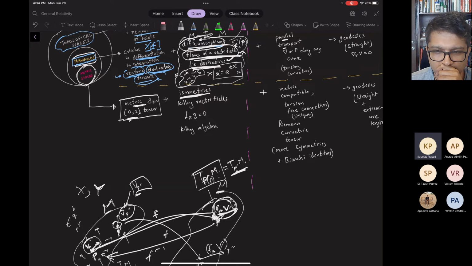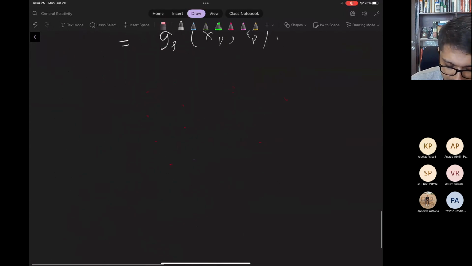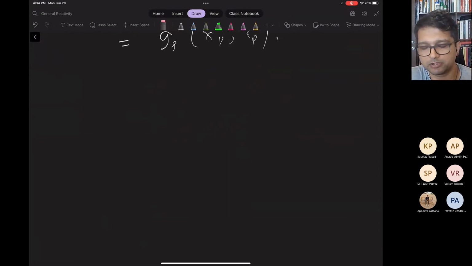Is that something trivial? Metrics which are preserved under all diffeomorphisms, that is actually impossible. For a manifold of dimension n, actually, it's impossible to preserve the metric under all diffeomorphisms.